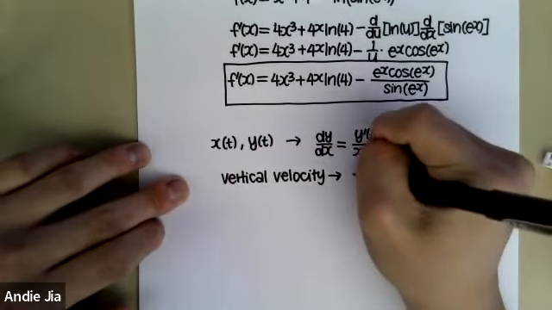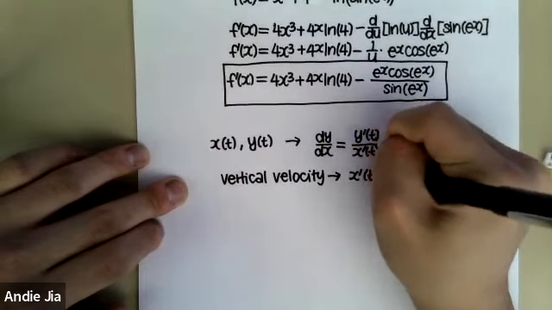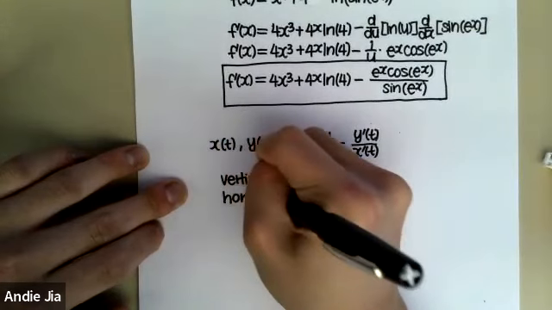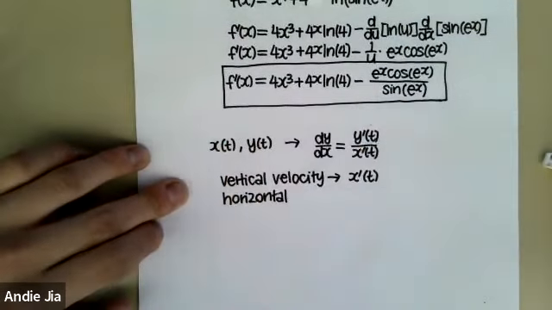So it's going to be x prime t. It's a horizontal velocity.